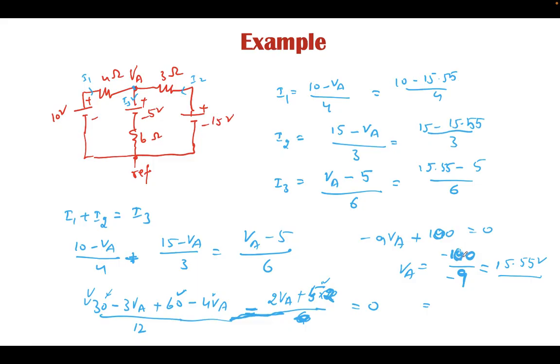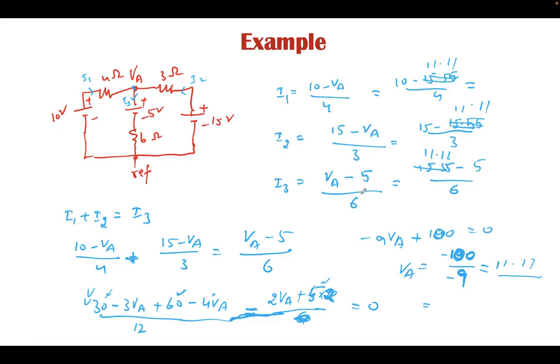This will be 100, and hence the value of VA can be calculated as 100 divided by 9, which is equal to 11.11. Now putting these values over here, this is 11.11, this is also 11.11, this is 11.11.